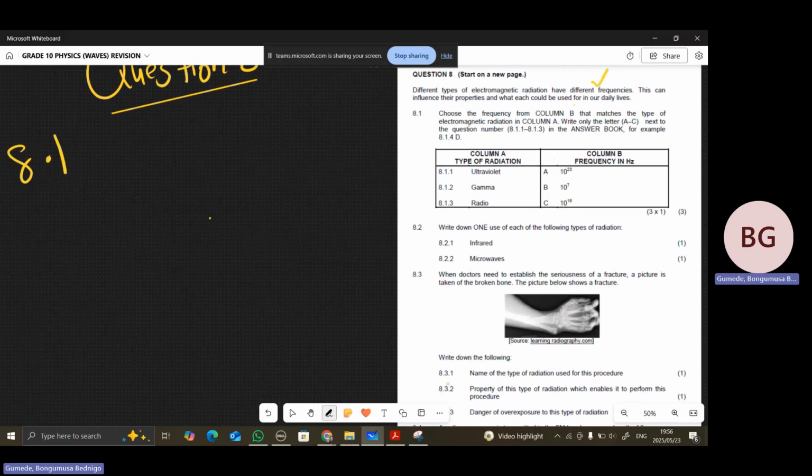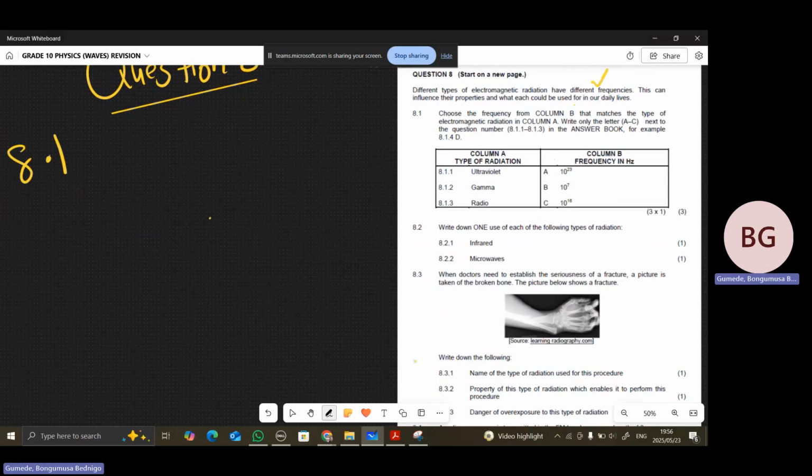I don't know if I'm missing some there. That spectrum has a frequency and a wavelength scale. So the higher the frequency, the more dangerous are the waves. So we know that your ultraviolet lights, your X-rays, your gamma rays are dangerous because they have the highest frequency.